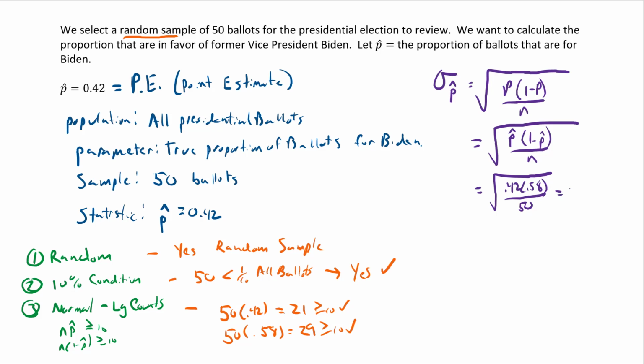And therefore that should give us 0.0698. Okay. Now that gives us our standard deviation, our p hat.